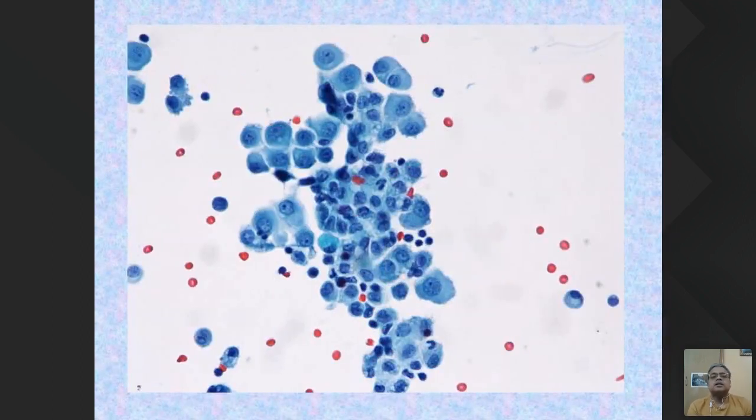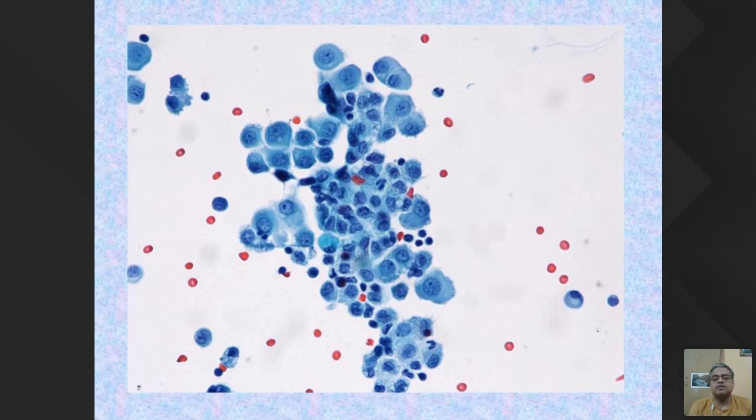So this is what a nice reactive mesothelial cell looks like. It has dense cytoplasm, it has prominent nucleolus, and it has this kind of wavy cytoplasmic borders. This cytoplasmic clasping which you are seeing is very characteristic. And if you have a group, you have windows between the cells.